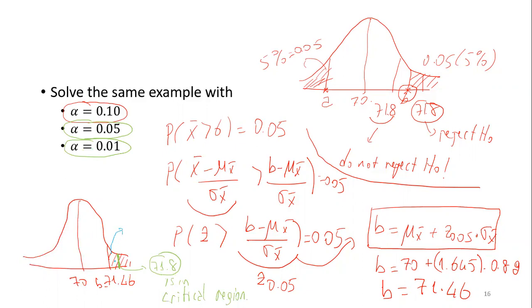This red region has a 0.05 probability to the right, but in this alpha, you will have 0.025 to the right, and in the third alpha, this one, you will have 0.005 to the right.